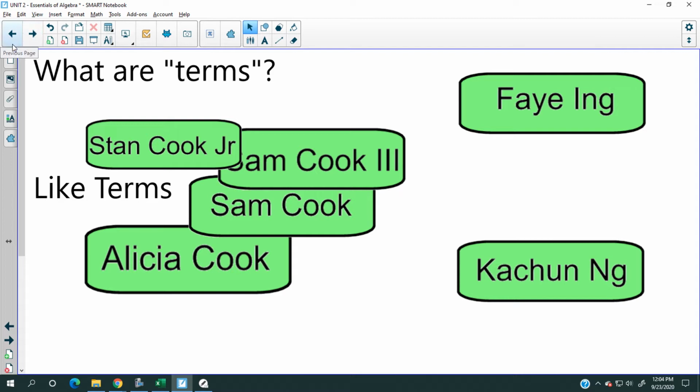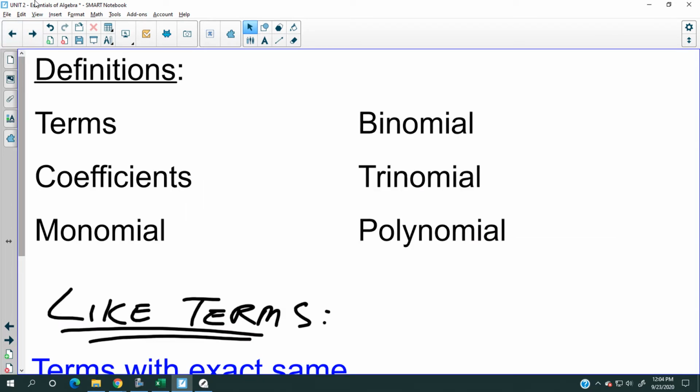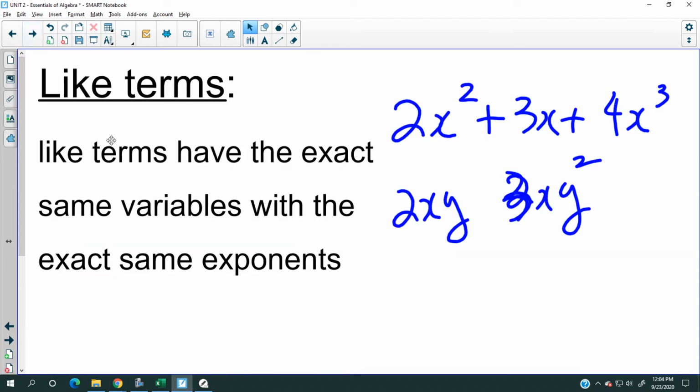So that brings us to this. What are like terms? Like terms, okay, the alarm went off outside. Like terms are terms that have the exact same variables with the exact same exponents, no exceptions. So what do I mean by that? Let me show you.